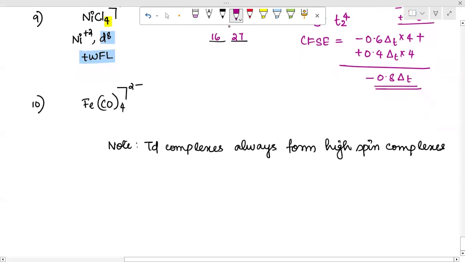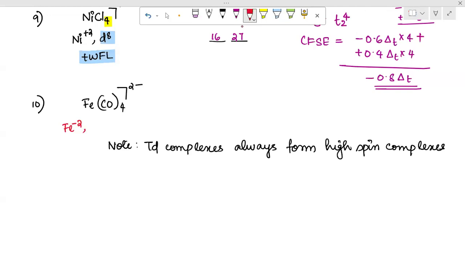Last one, iron is in -2 oxidation state. Let me check the question. Yeah, iron is in -2 oxidation state.